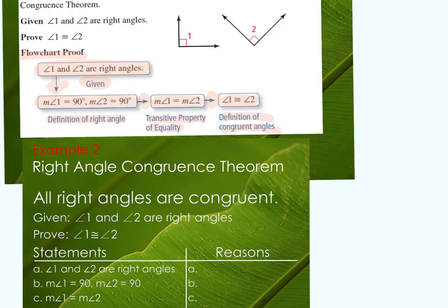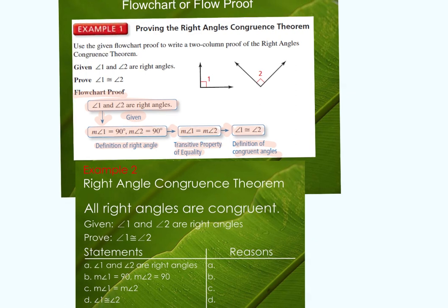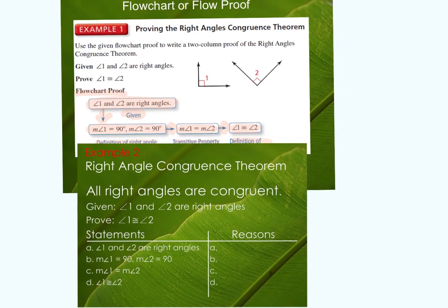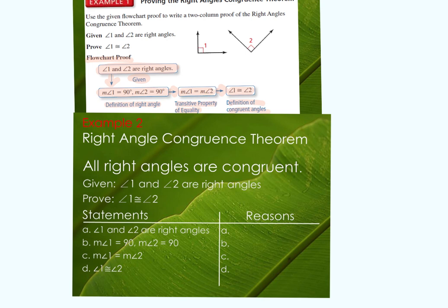So if you look ahead to the next slide, it's started for you. On the left are all your statements. The first one says angle 1 and angle 2 are right angles. This would have been given. Step B says the measure of angle 1 equals 90 degrees, the measure of angle 2 equals 90 degrees, and this would be the definition of right angles. C, the measure of angle 1 equals the measure of angle 2.